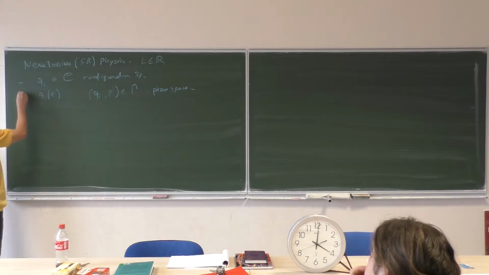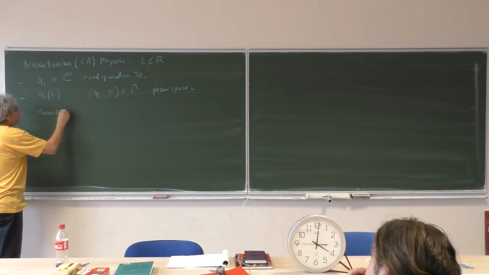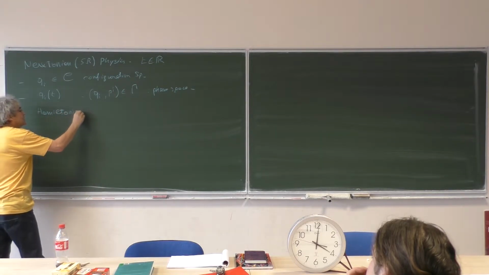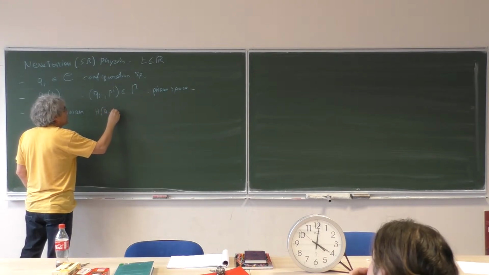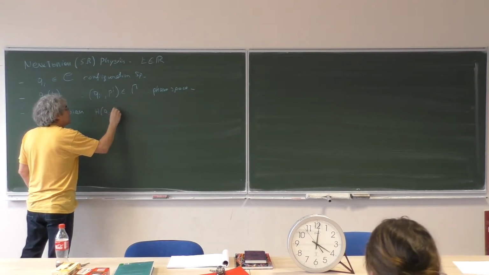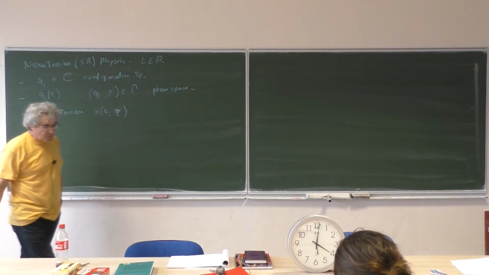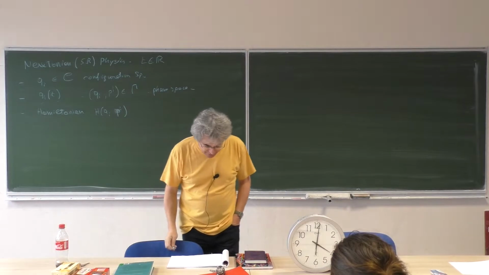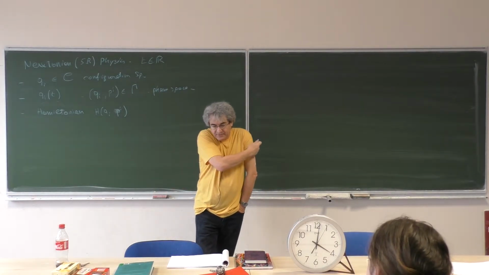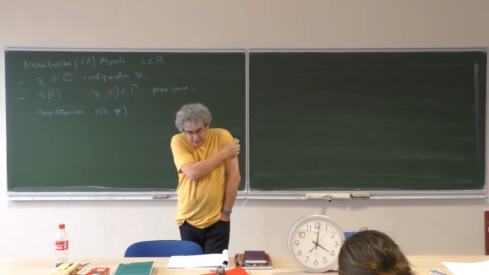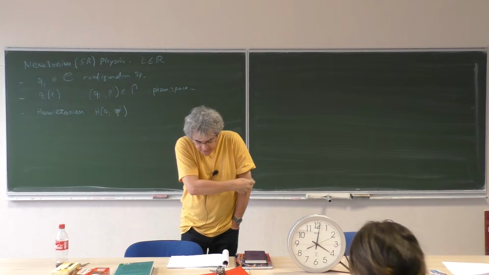And dynamics is given by a Hamiltonian, in many possible ways, one being a Hamiltonian which is a function of phase space, so it's a function of q_i and p_i, which via Hamilton equations defines the evolution.